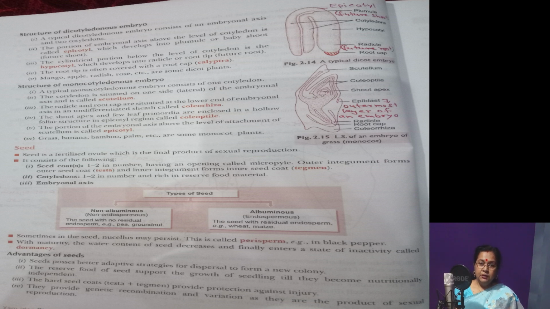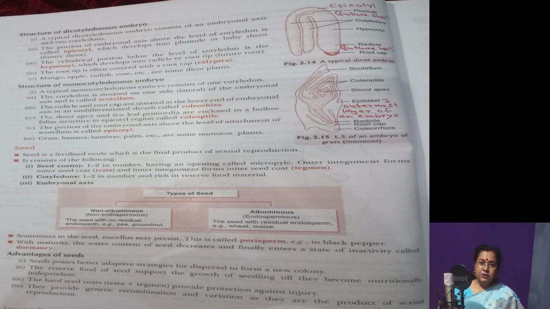Second type is endospermic seed or albuminous seeds. These seeds have endosperm, and examples are maize, wheat, rice, all monocot seeds.